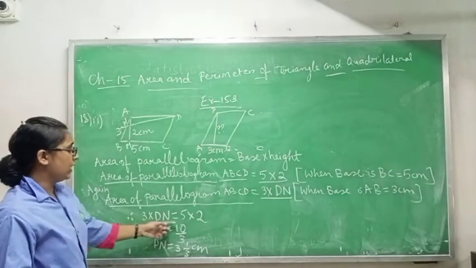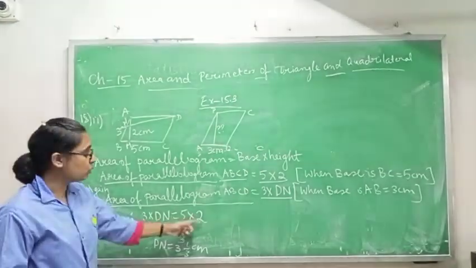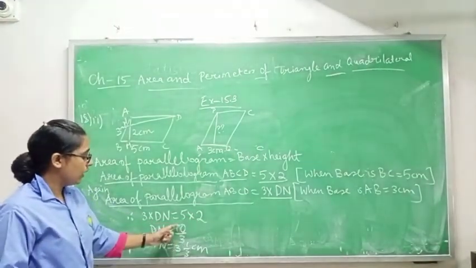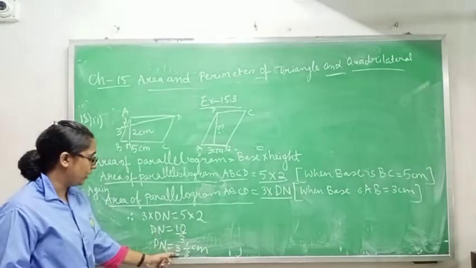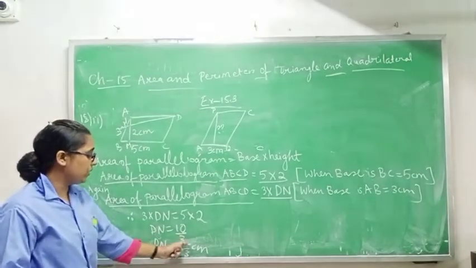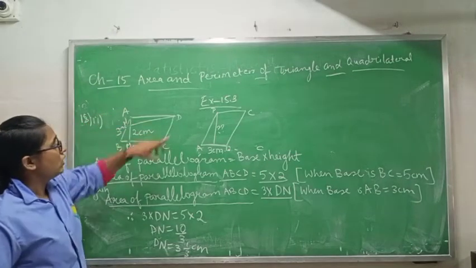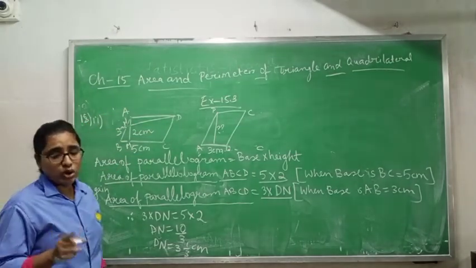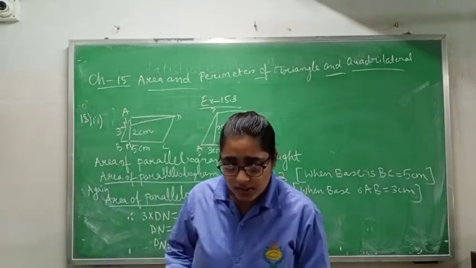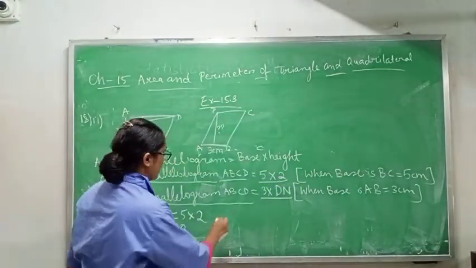So 3 into DN equals 5 into 2. 5 twos are 10. This 3 will go down. When you divide 10 by 3, you will get the DN value 3 1/3 cm. And DN is the distance between two smaller sides. So what will you write in the answer?